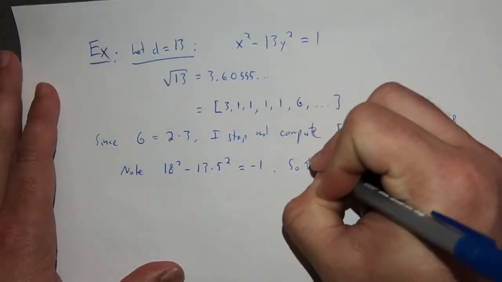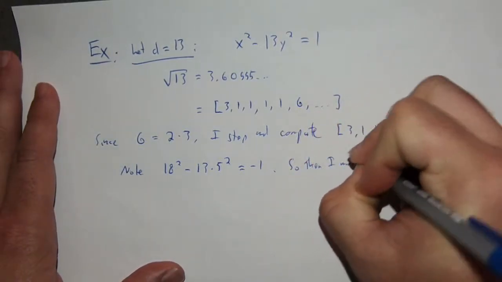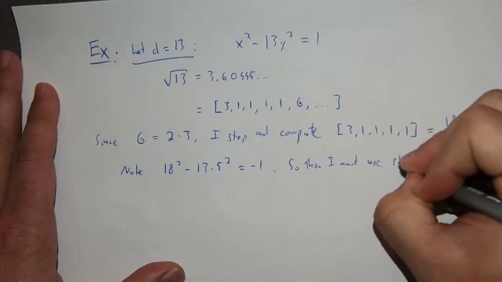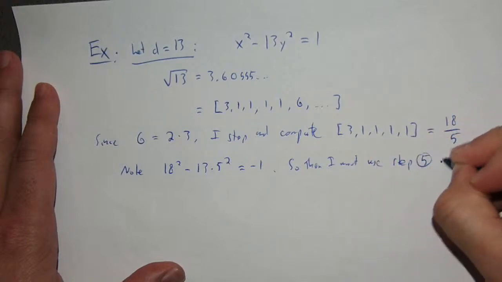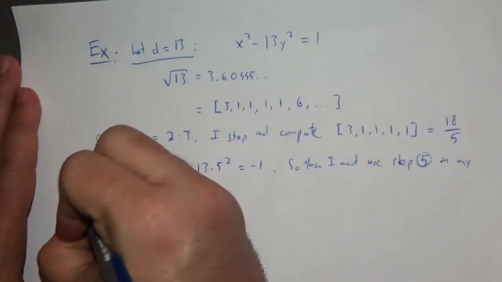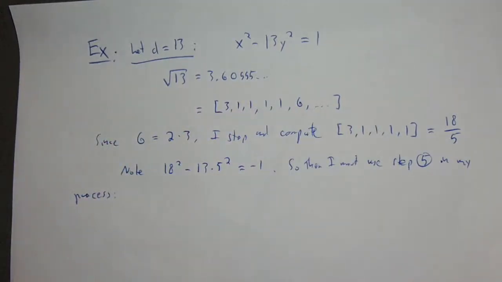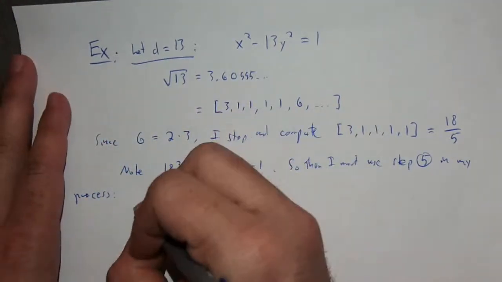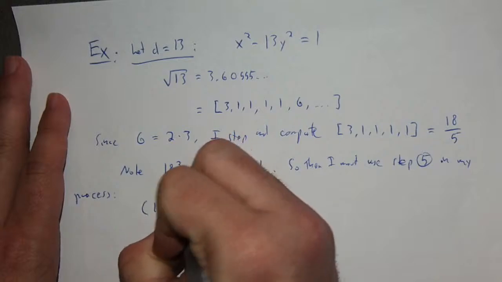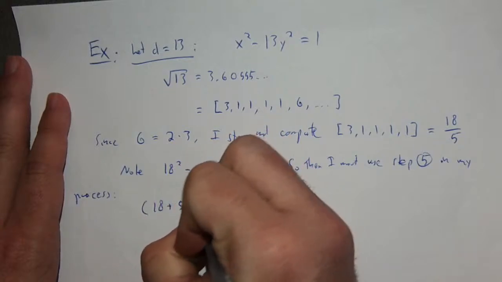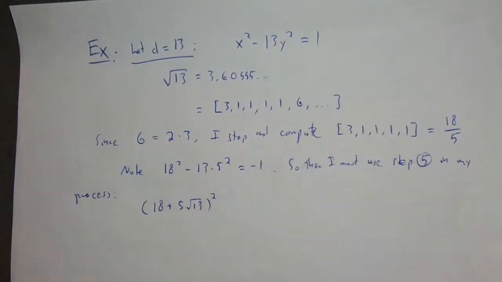So what do I do instead? Then I must use step 5 in my process, which had me computing 18 plus 5 times square root of 13, squared.